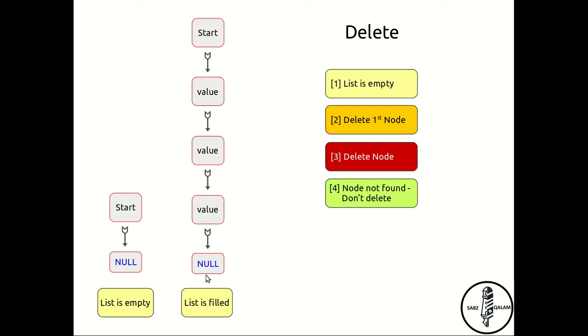When the list is filled, you have 3 options. What are you supposed to do when you want to delete the first element, or delete any particular element, or you traverse through the entire list and you don't find the node that you want to delete. In other words, you don't delete. Okay, so we're going to explain now how to program all these 4 conditions.